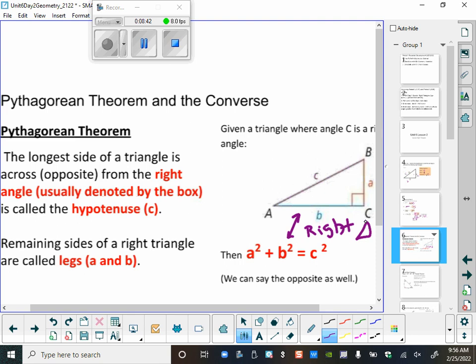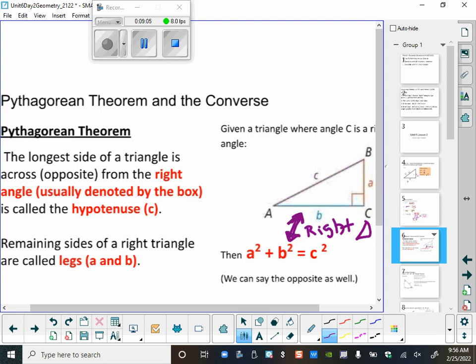You have a right triangle, and this must be true. Right triangle, a squared plus b squared equals c squared. They both work with each other. You have to have one to have the other, and vice versa.